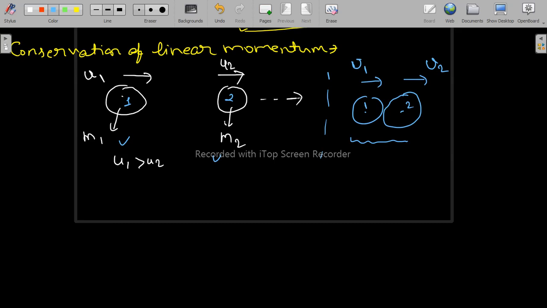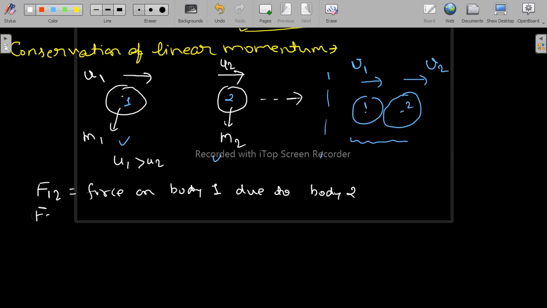So I am telling you that when this first object collides with the second object, the first object will exert a force on the second object. Now we will find this force. Suppose I write F12, the symbol F12 means the force on body 1 due to body 2.